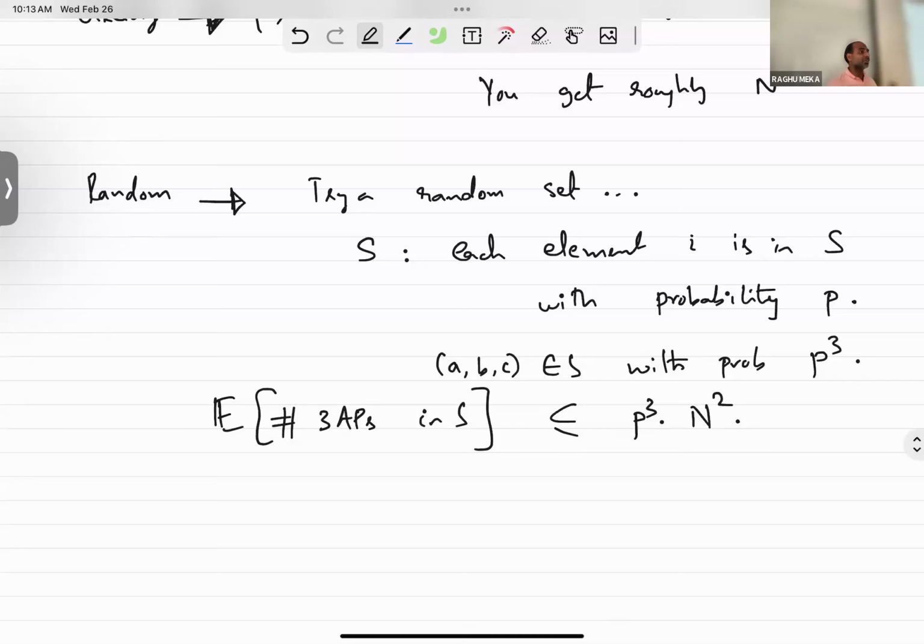But we want no 3APs in our set. That's our condition, right? So we're trying to avoid 3APs. We want this expectation to be 0, in fact, or this inner number to be 0.